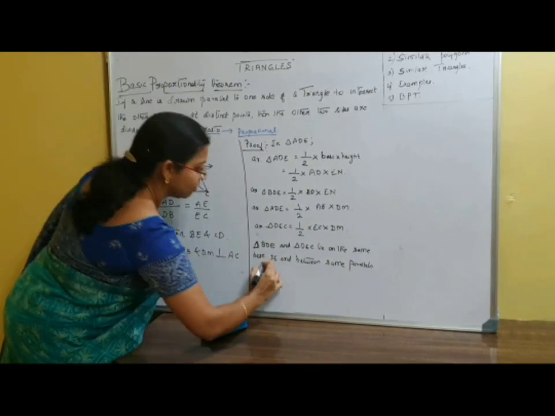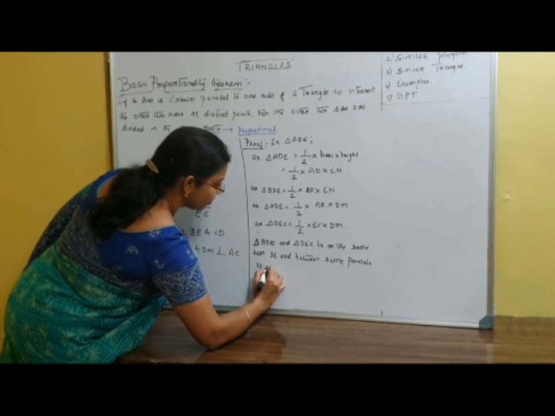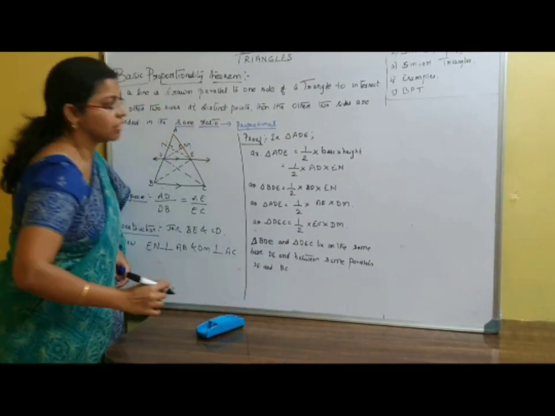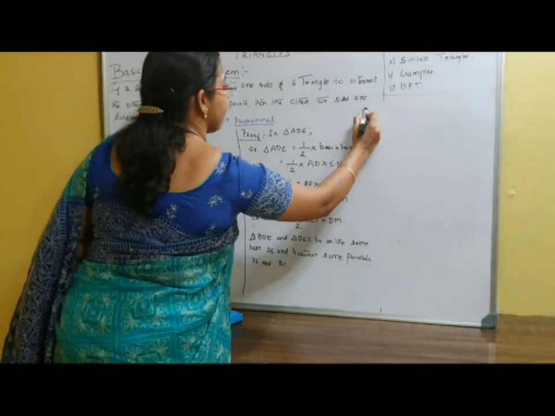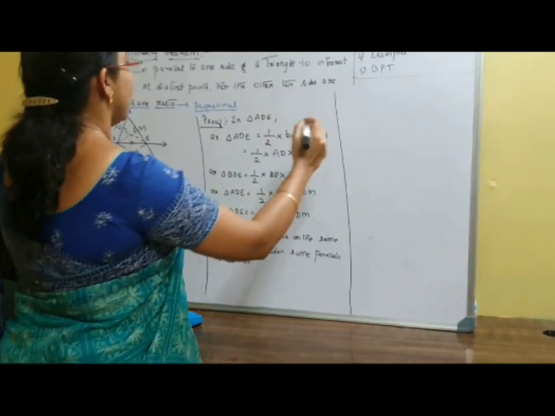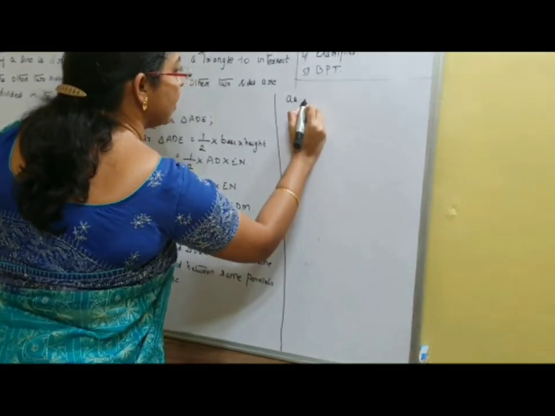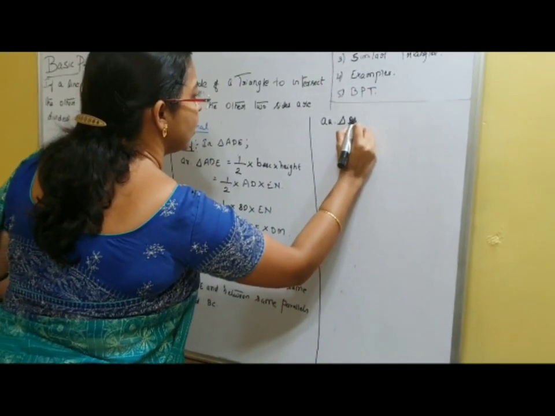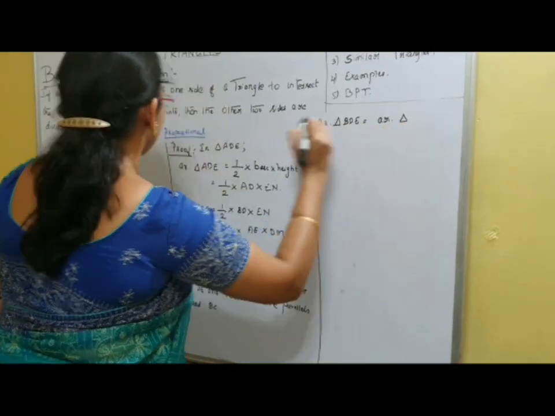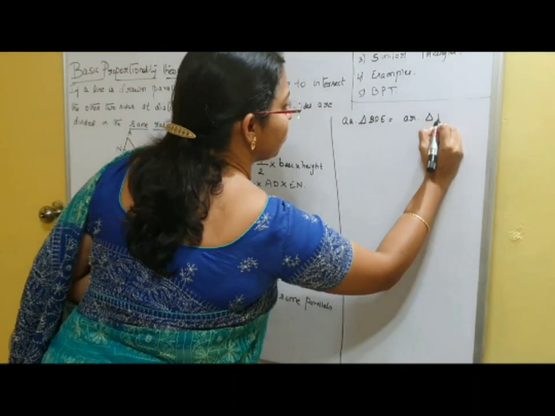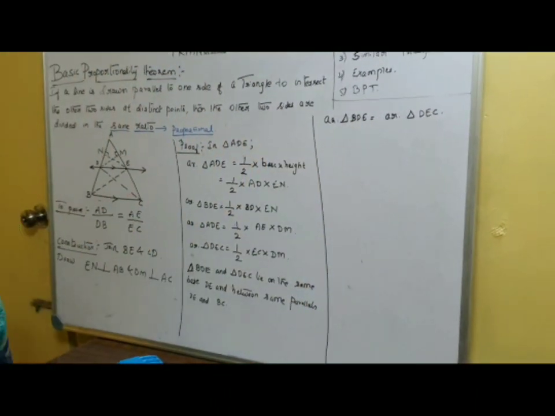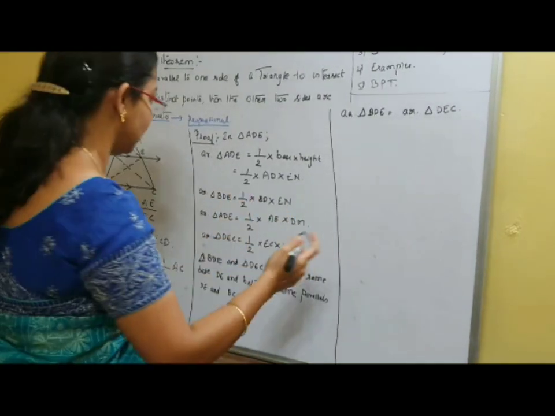DE and BC. We can conclude that area of triangle BDE will be equal to area of triangle DEC. This is what we had proven in the previous class, in 9th.